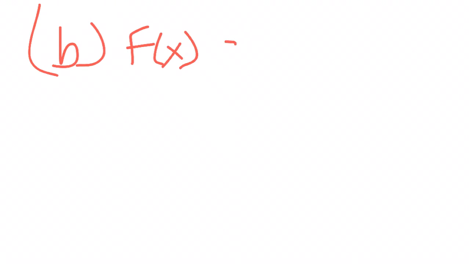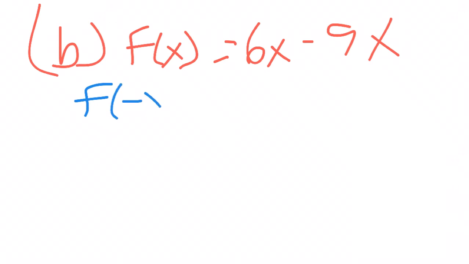f of x equals 6x to the third minus 9x. Remember, if you plug in negative x, that's supposed to be 6x to the third.